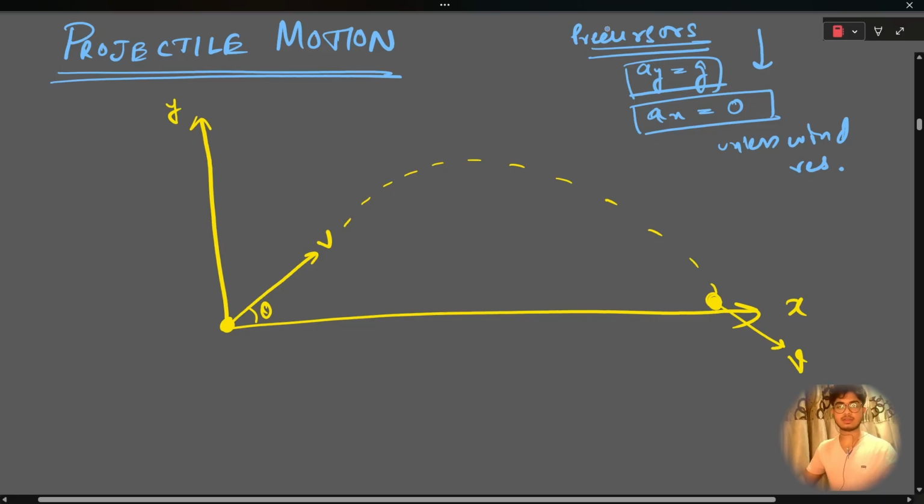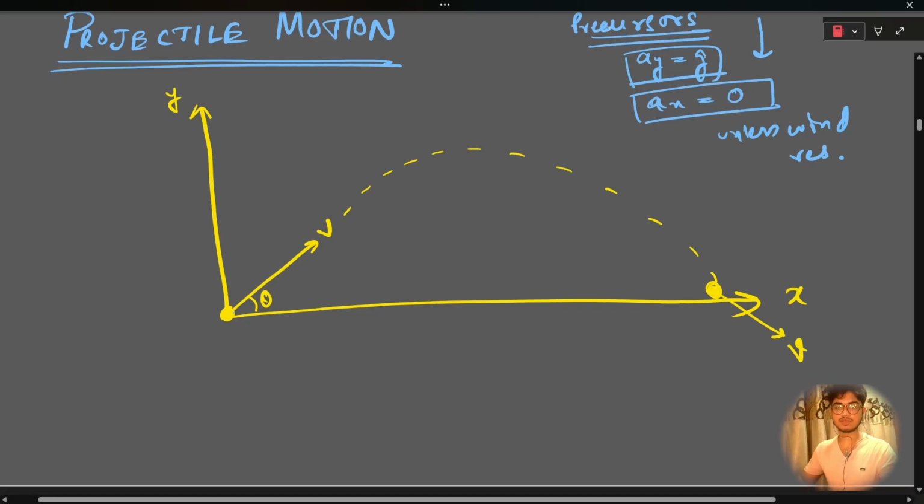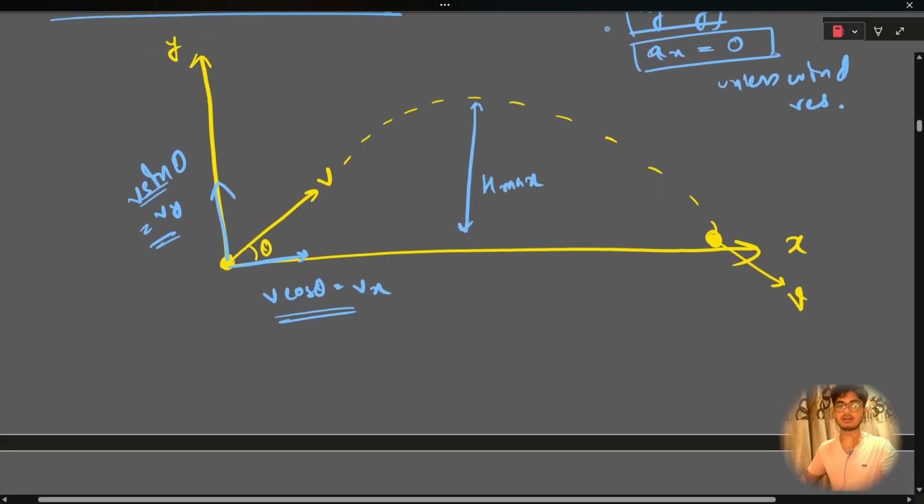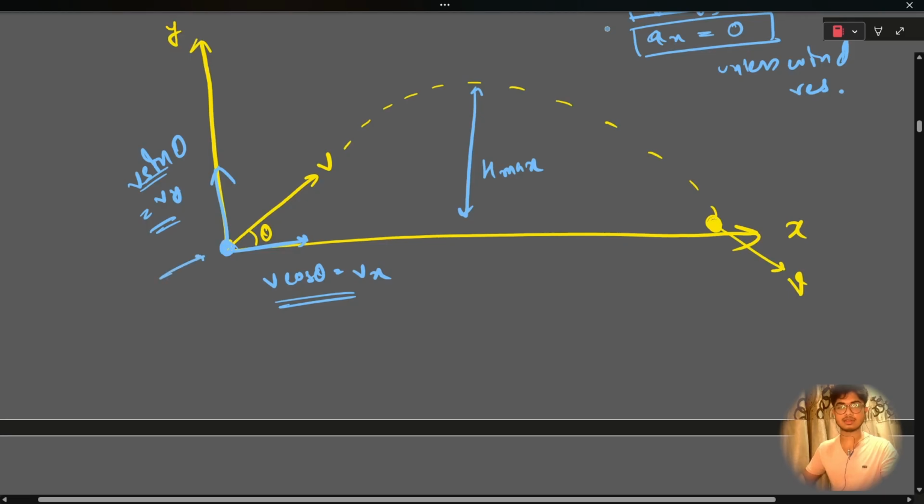If we break down this v into its components, v sine theta is Vy and v cos theta is Vx, so the horizontal velocity is this. This will be the max height, and the ball is starting from here.